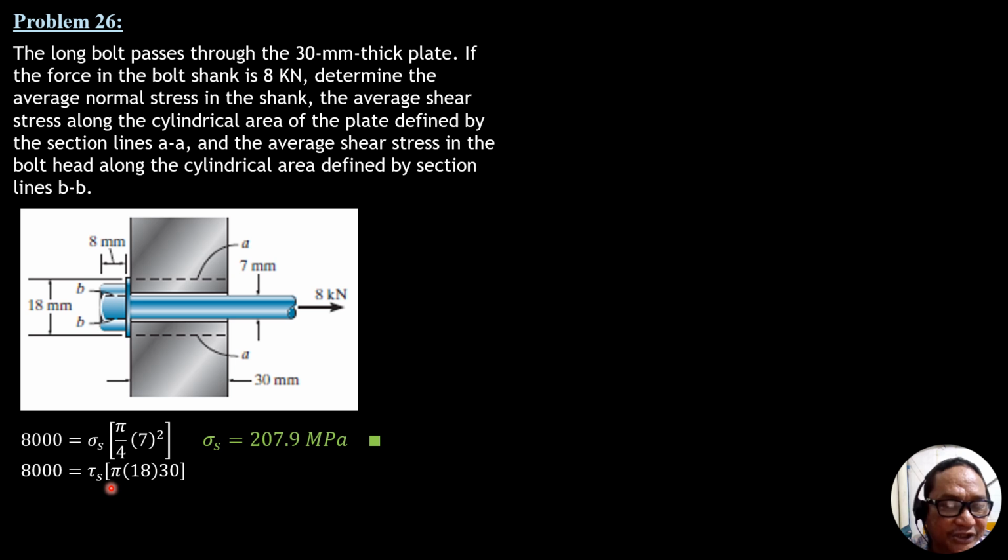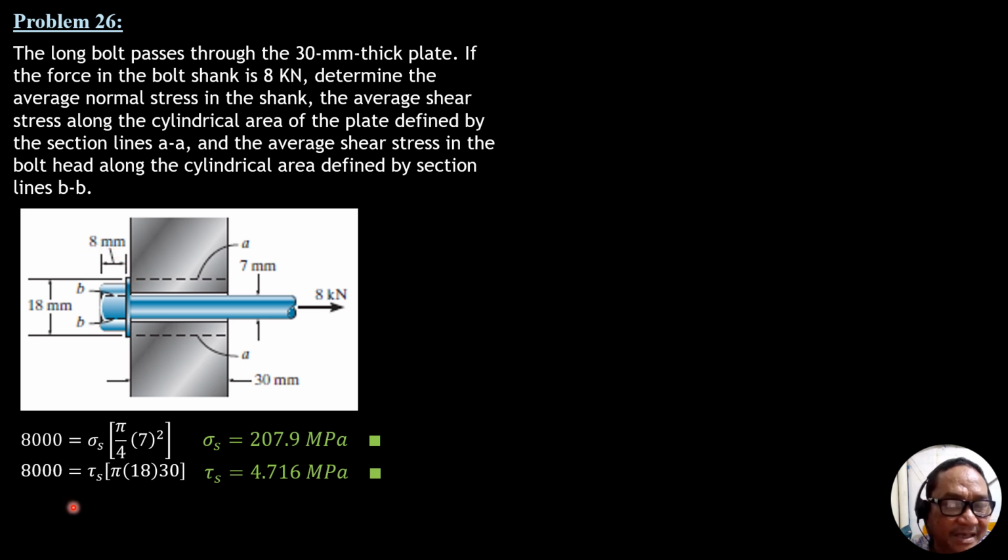So the shear stress is equal to 4.71416 megapascals.